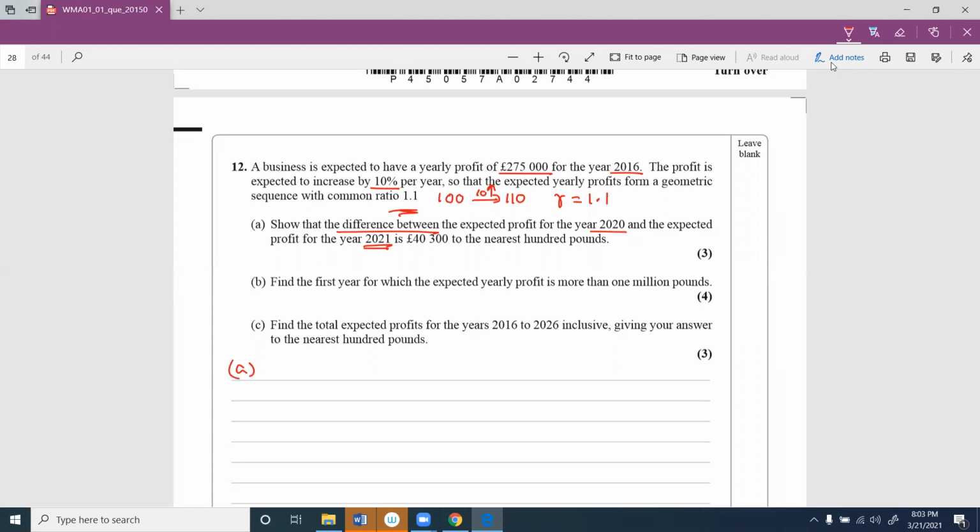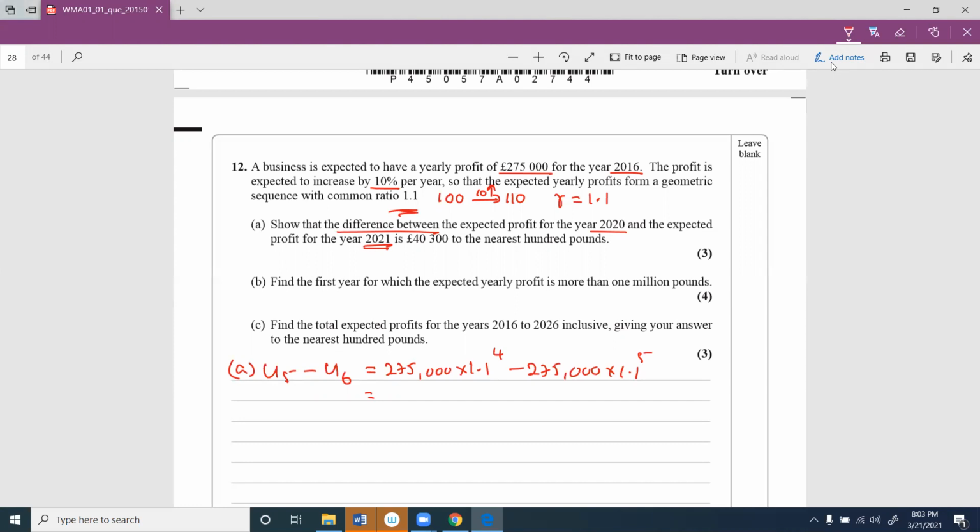So now we need to find the term for 2020. 2016, 17, 18, 19, 20. U5 minus U6. How do we find U5? The first term is 275,000 times 1.1 to the power 5 minus 1, which is 4, minus 275,000 times 1.1 to the power 6 minus 1, which is 5.